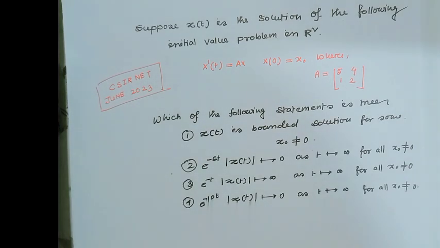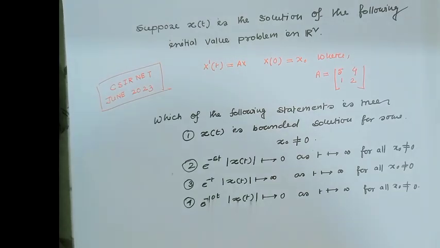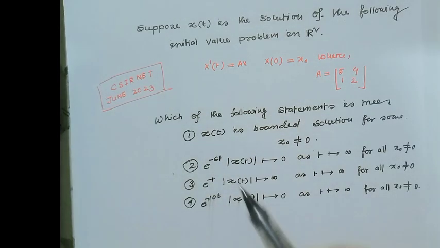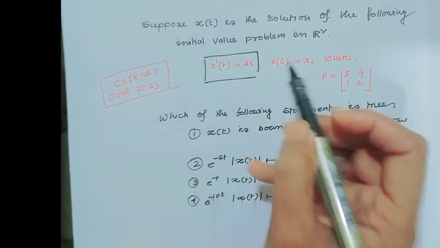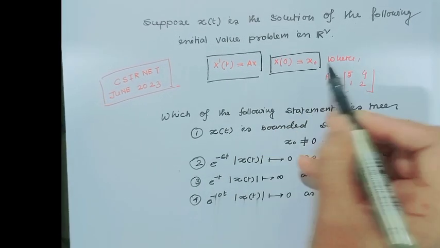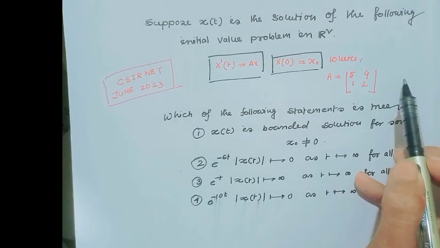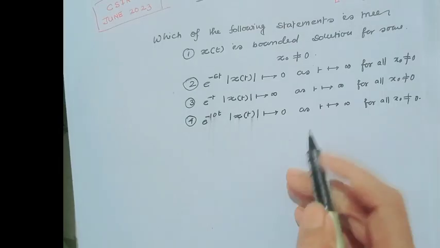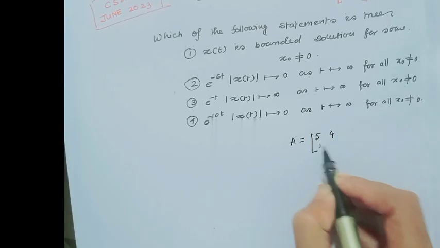The question is: suppose x(t) is a solution of the following initial value problem in R2, x'(t) = Ax with the initial condition x(0) = x0, where the matrix A is this matrix. Here A equals the matrix 5, 4, 1, 2.